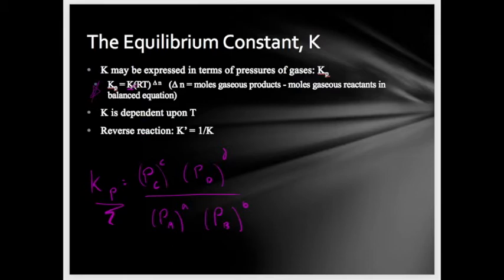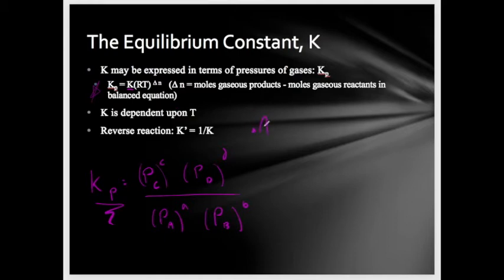If you know the K value, where that K value is measured from equilibrium concentrations, you can convert it into this pressure value by multiplying it by the gas constant R, the temperature T, and then raising it to this exponent delta N, which is the total moles of gaseous products minus the total moles of gaseous reactants in the balanced equation.